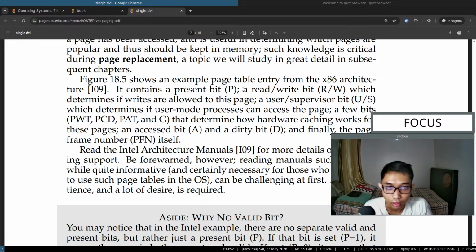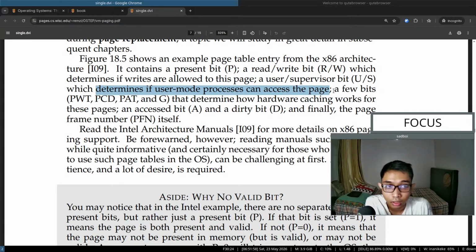And then a read or write bit, which determines if writes are allowed to this page. A user or supervisor bit, which determines if a user mode process can access the page.